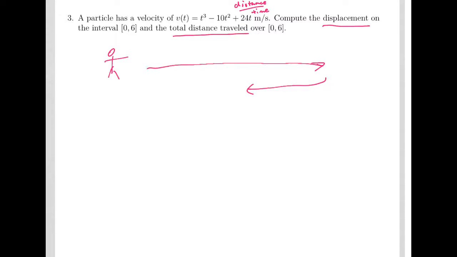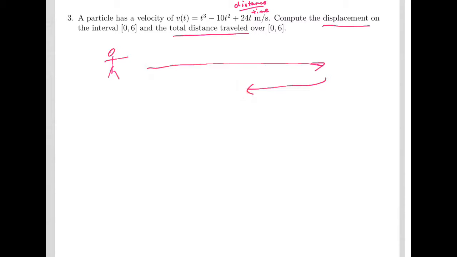So total distance is going to be this and this together, right? Displacement is going to be the difference between the starting point and the ending point. So total distance is everything together. Displacement is the difference between the starting point and the ending point. Okay, does that make sense?